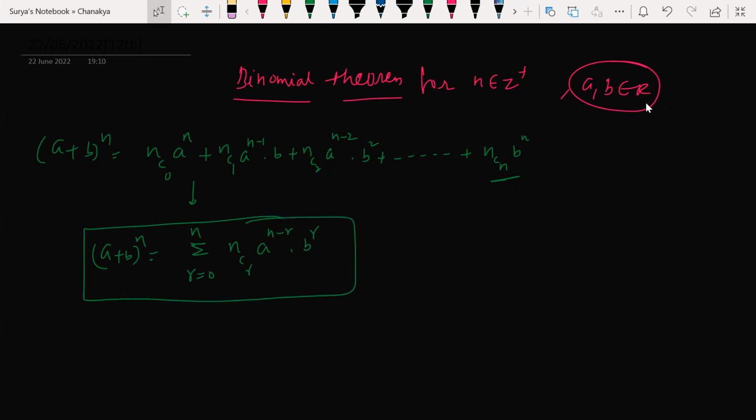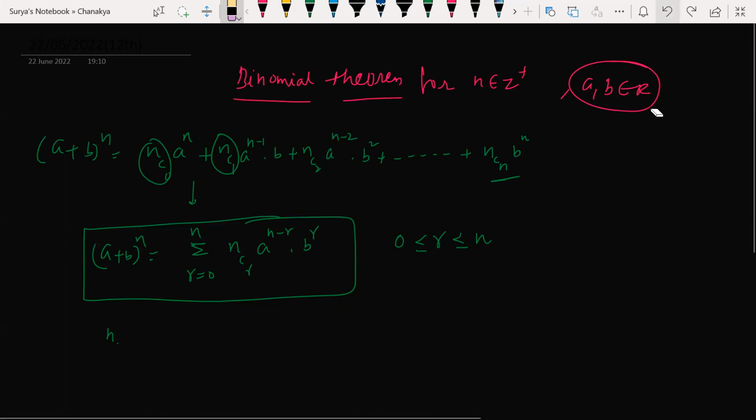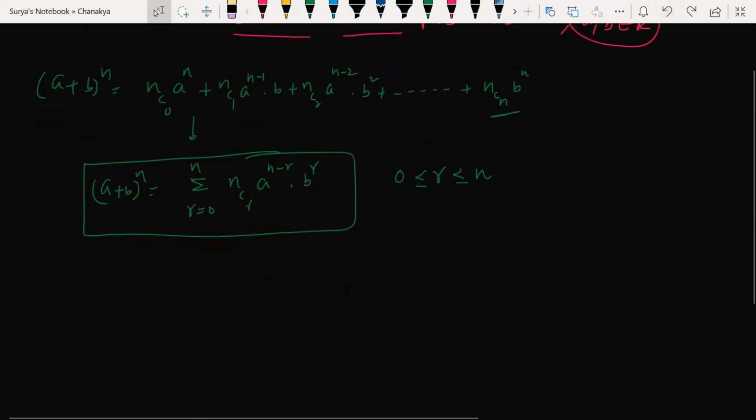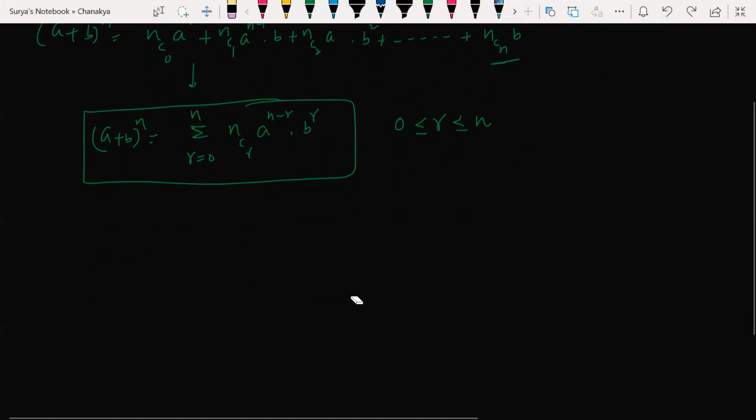This is the formula we write here, where r lies between 0 and n. Cool, isn't it? Now nC0, nC1, nC2, what are these? You call them binomial coefficients. Very simple, right? So guys, we just learned a few more formulas.